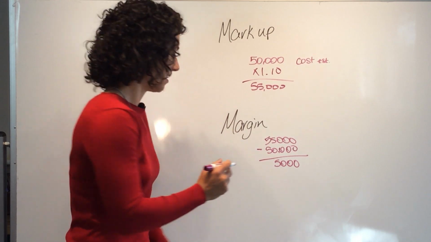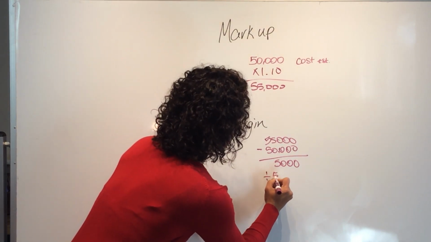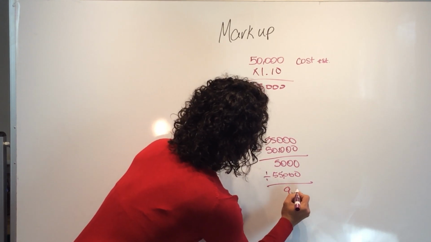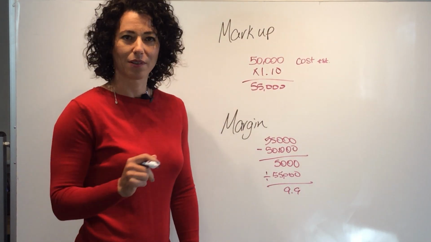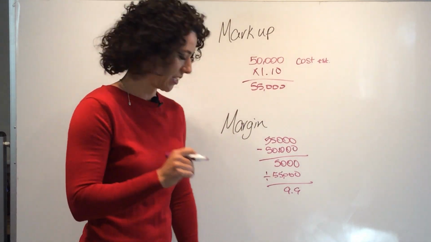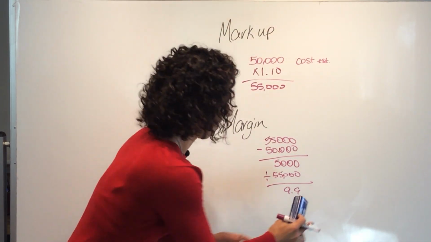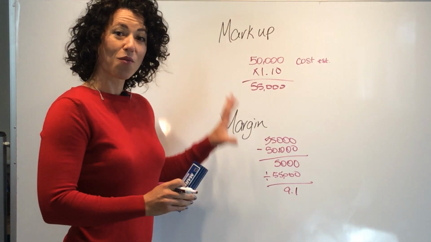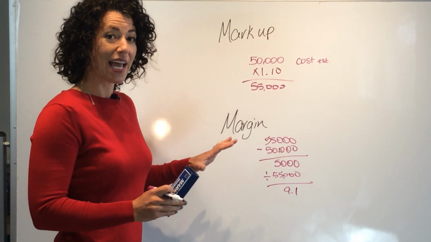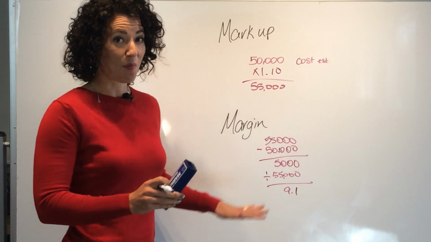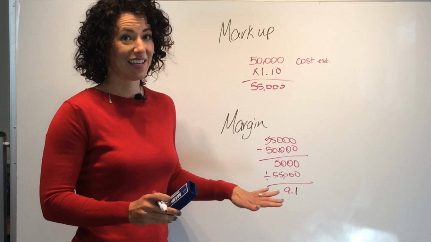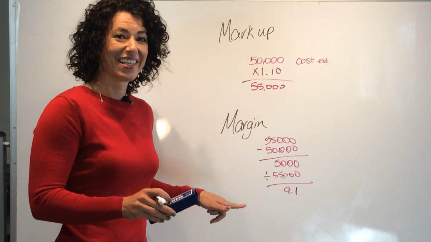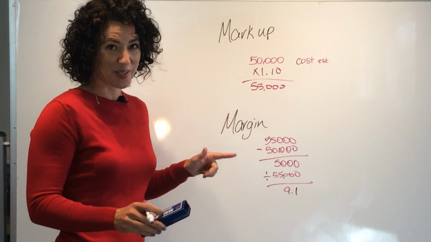So it's 5,000 divided by the 55, and that equals like 9.1%. I should make that right. It has some change. So whenever we have this calculation, we have a markup of 10%, but our margin is actually 9%. So the question usually is, well, how do I get my margin to be more like 10%?